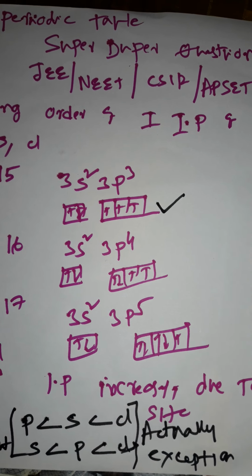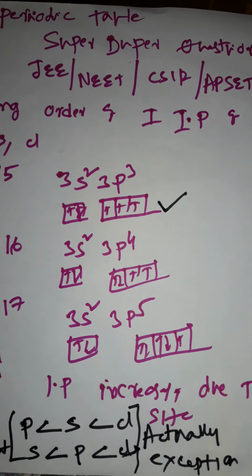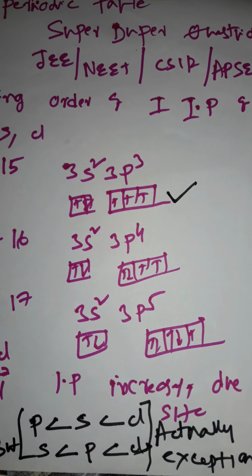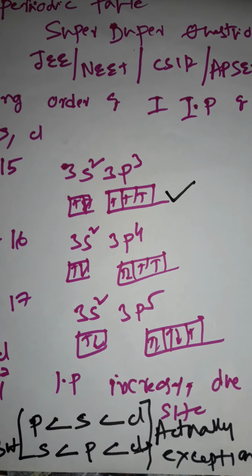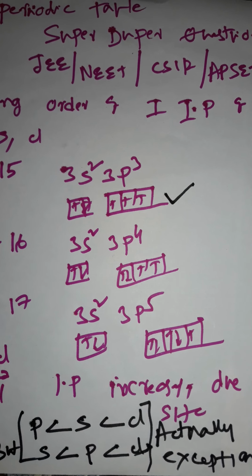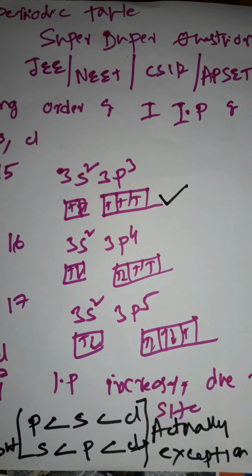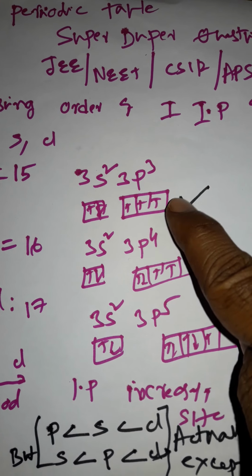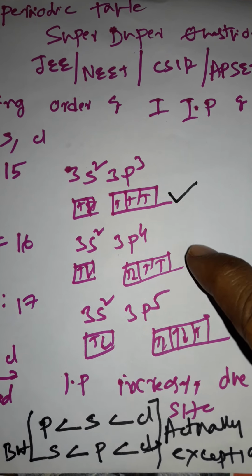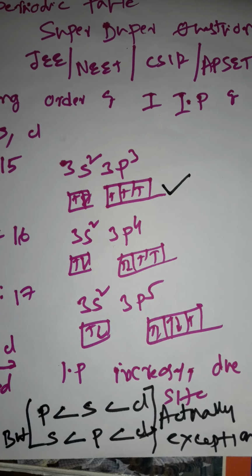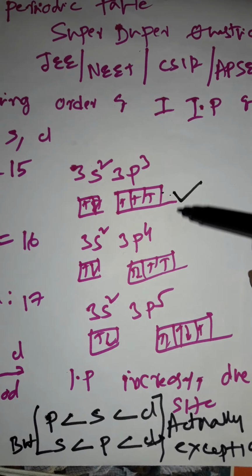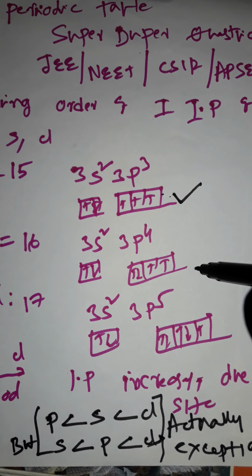As I already explained, phosphorus has a half-filled 3s2 3p3 configuration, which is completely stable, so it has more IP. Phosphorus has more IP than sulfur. Please note it.